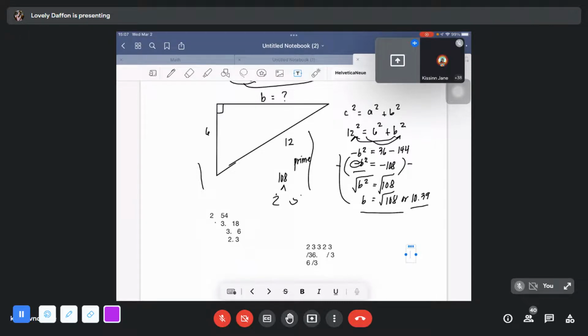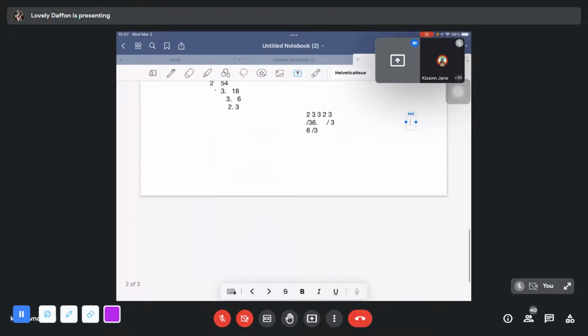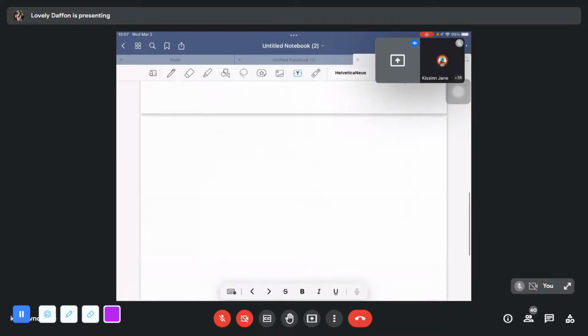So let's just continue now with our supplementary and complementary angles. Let's start with complementary angles. You have to remember that when you say complementary angles, the angles sum to 90 degrees.